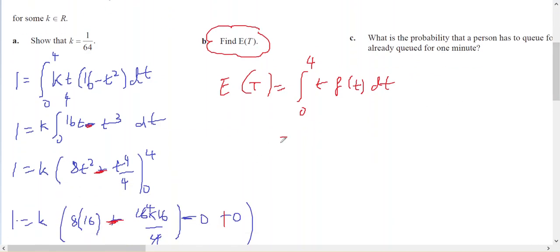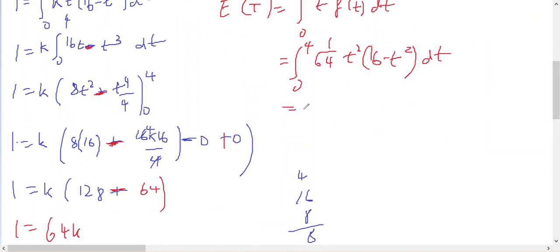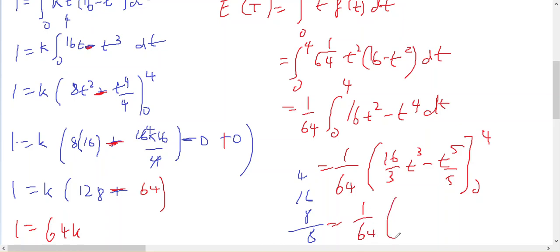So it's going to equal the integral from 0 to 4 of 1 on 64 t squared times 16 minus t squared dt, which will equal 1 on 64, integral from 0 to 4 of 16t squared minus t to the power of 4 dt, which is 1 on 64 times 16 on 3 t cubed minus t to the 5 on 5 from 0 to 4.